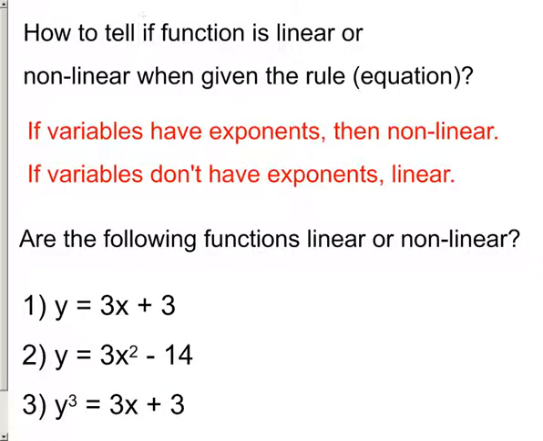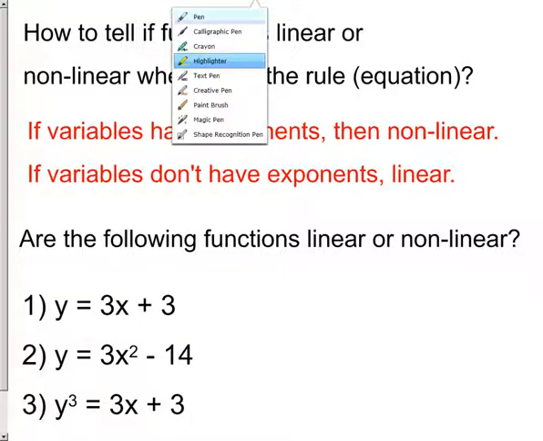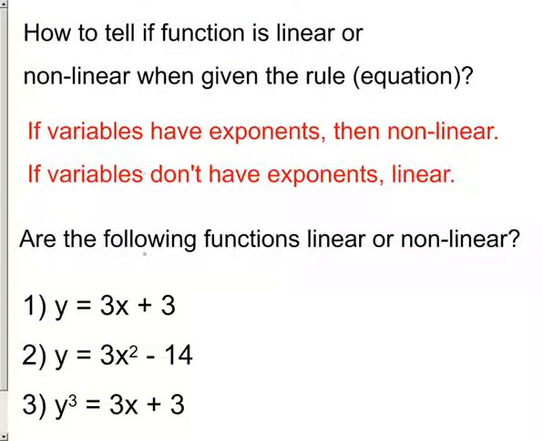Here's the older part. How do we tell if a function rule, or the equation, is linear or nonlinear? Well, you take a look at your variables. If the variables have exponents, it's nonlinear. If the variables don't have exponents, it's linear. So let's take a look here.